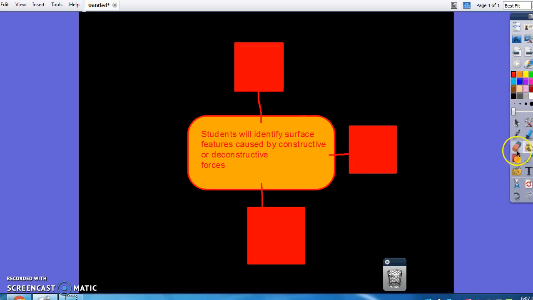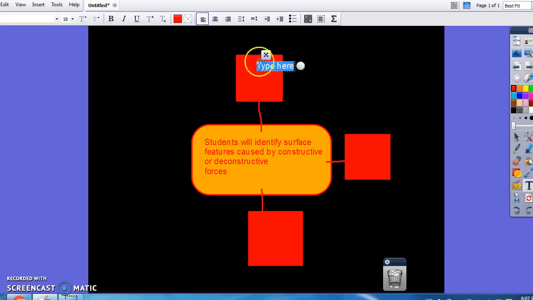Oh, so cool. So in my first box, they need to know what constructive forces are. So I need to spend time working on that concept, which also means they have to understand what deconstructive forces are.